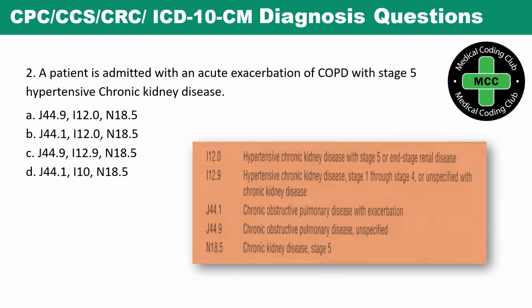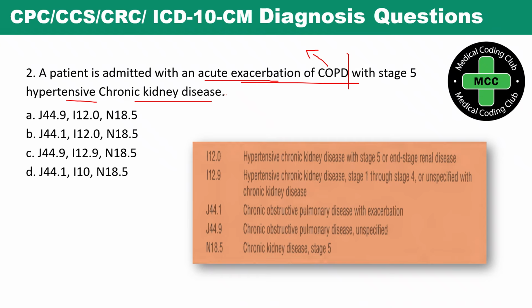Second question: patient is admitted with an acute exacerbation of COPD with stage 5 hypertensive chronic kidney disease. The reason for encounter or reason for admission is acute exacerbation of COPD, so COPD should be sequenced first, coded as the primary diagnosis. Next we have stage 5 hypertensive chronic kidney disease, and a combination code is applicable.